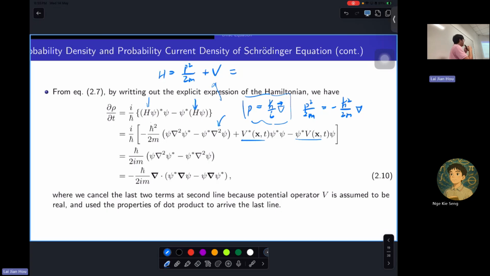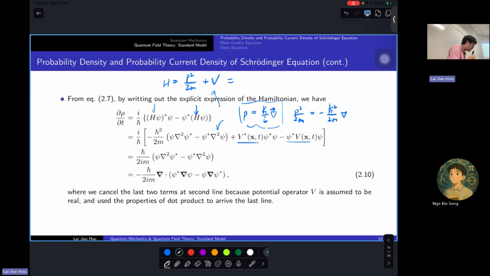If the potential is complex, you'll see later that the probability density here will not be conserved. So the last two terms cancel out, and we use the properties of the dot product to arrive at the last line.